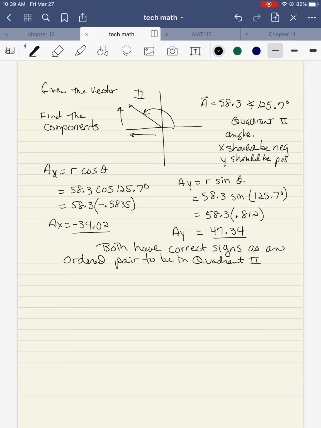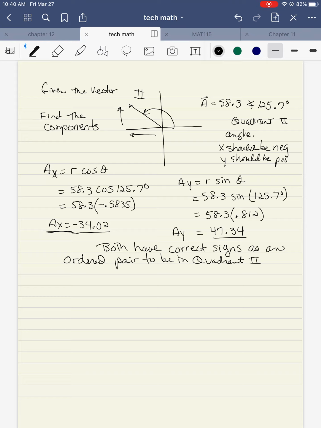So for AX, plug in my numbers, 58.3 times cosine of 125.7. Cosine of 125.7 is negative 0.5835. Negative 0.5835 times 58.3 is equal to negative 34.02. That's my AX component, and that should be negative, and it is.